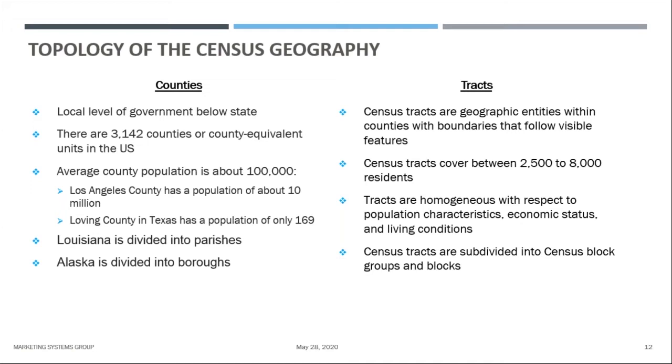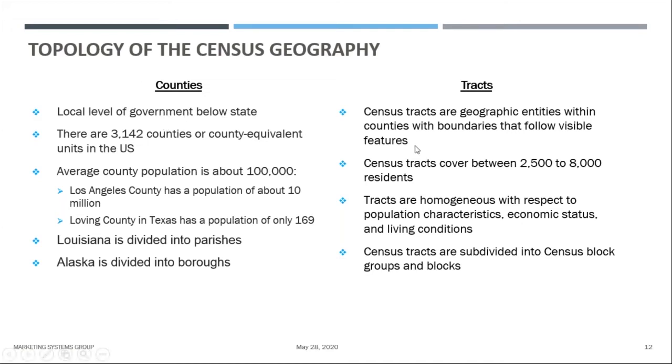For example, while on average the population of a county is 100,000, Los Angeles County has 10 million residents, and Loving County in Texas has only 169. Furthermore, Louisiana is divided into parishes and not counties, and Alaska is divided into boroughs.